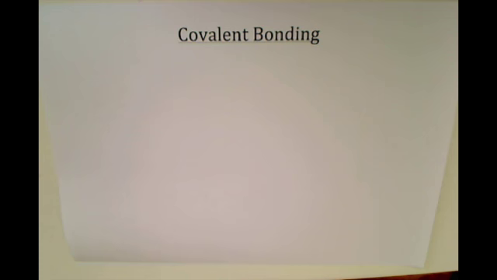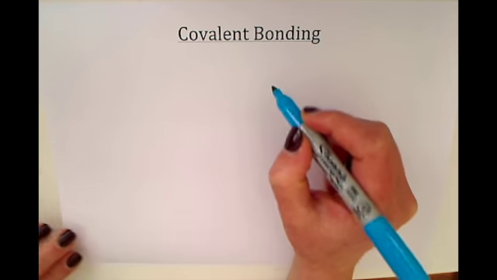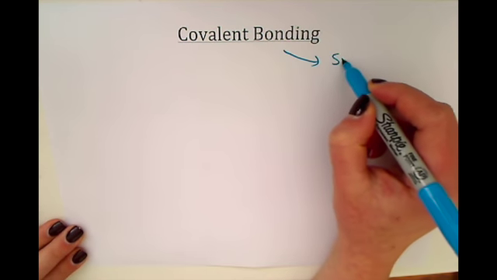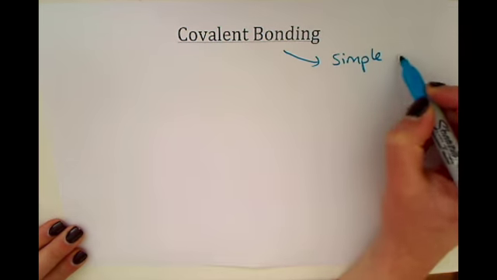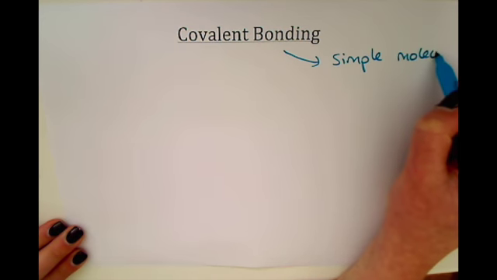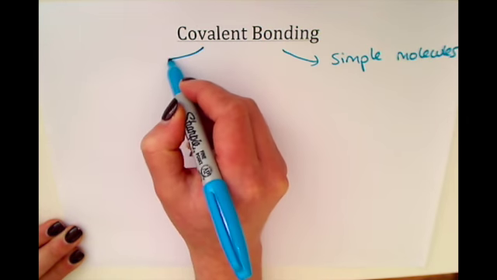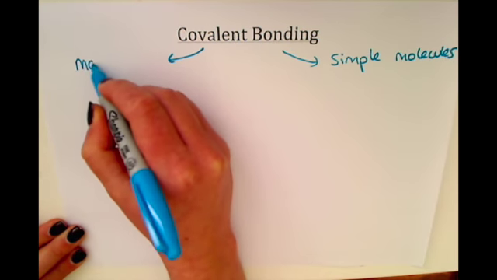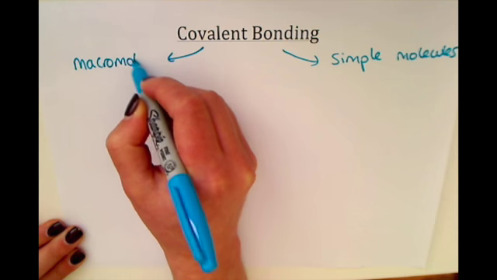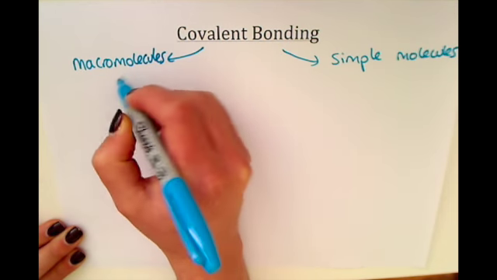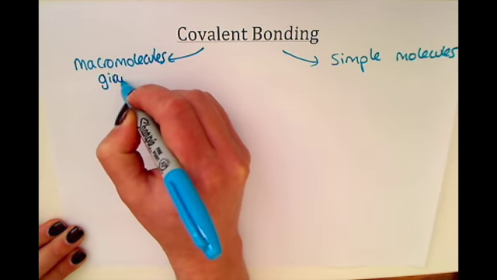This video is about covalent bonding. When atoms share electrons, they form a covalent bond, and these are really strong bonds. Covalent bonds can occur in simple covalent molecules, and they can also occur in very large structures called macromolecules that form giant structures.